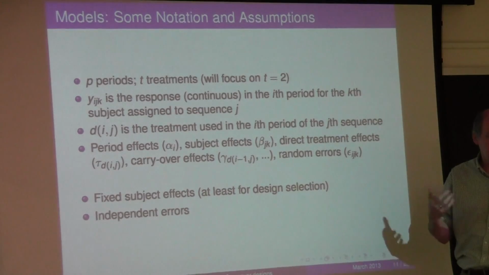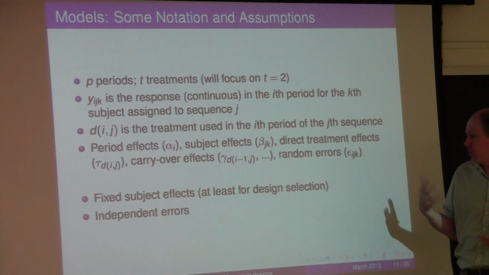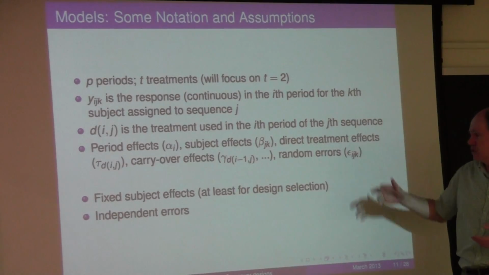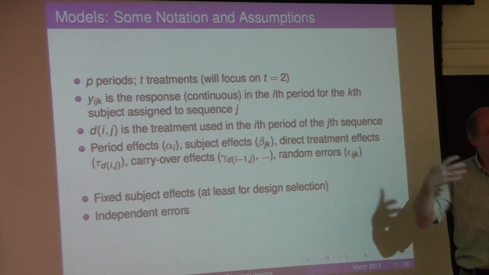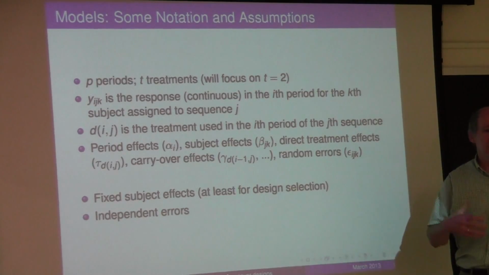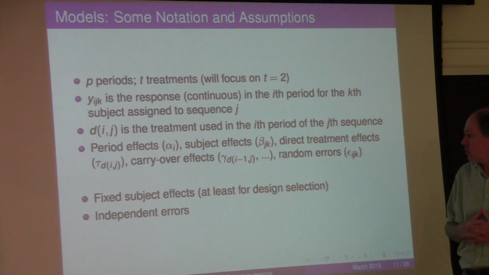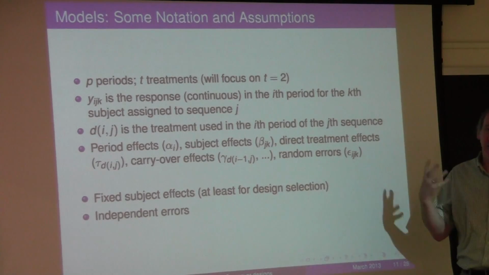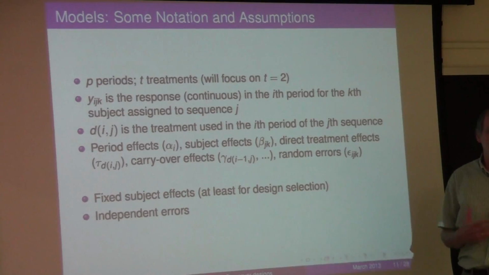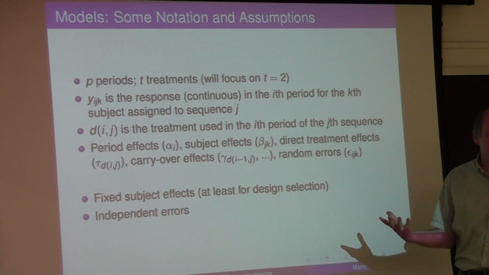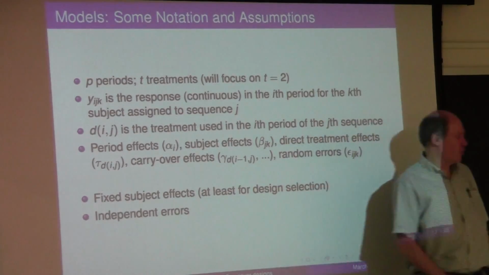And if I assume something that uses some parametric model for the variance covariance of these error terms, that means I'm also introducing additional parameters that I don't have any information about, or little information about. So I'm not sure that the problem becomes more manageable if I assume a different error structure. Now, if I have strong information that this is the wrong error structure, then I probably shouldn't do this. But I'm going to assume that the errors are independent.